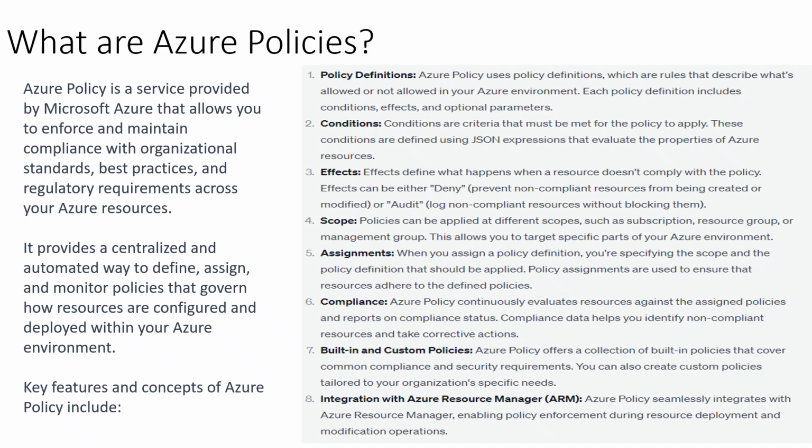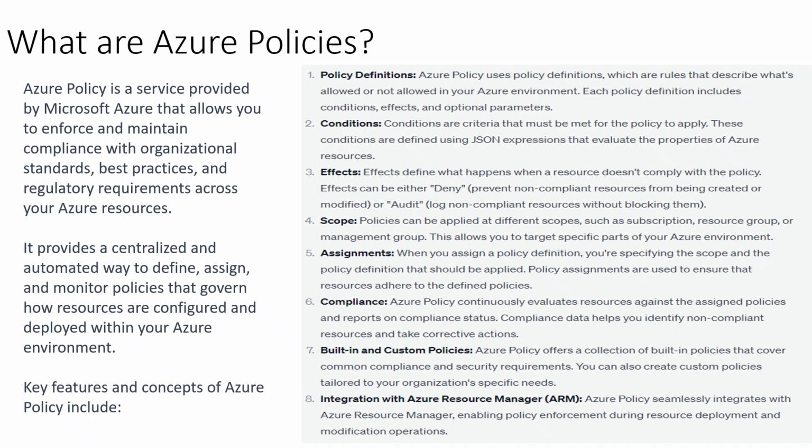We have talked many times throughout this class, practice questions about Azure policies. But what are actually Azure policies, right?